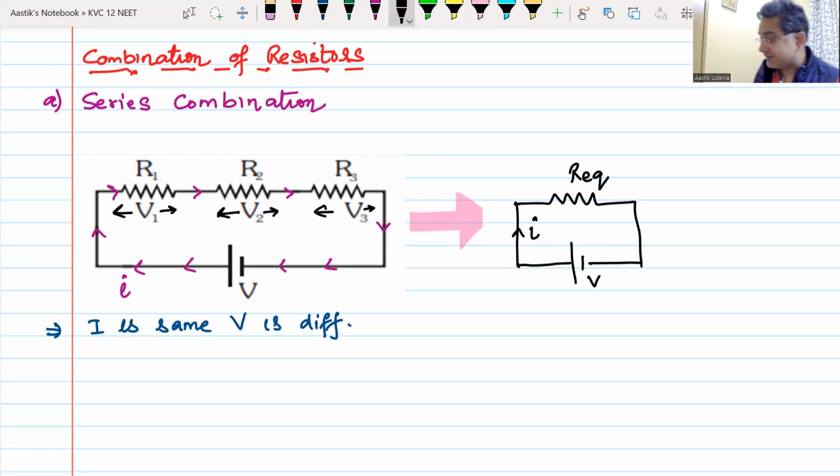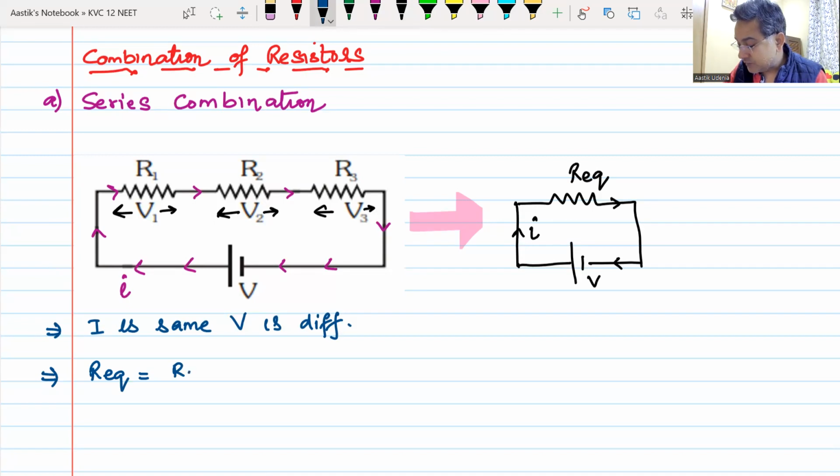Do we understand this? Then you must know the value of this R equivalent. What is the value of R equivalent in case of series resistors? It will be R1 plus R2 plus R3. Yes or no? Or you can simply write it as the summation of Ri. The voltage drop across each resistor, V1, will be equal to I into R1.